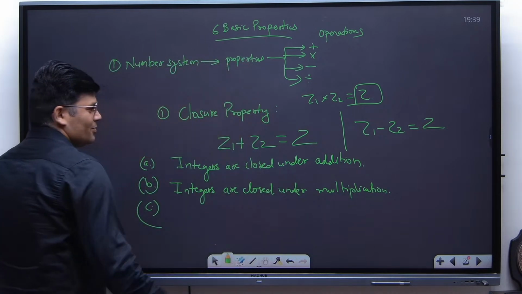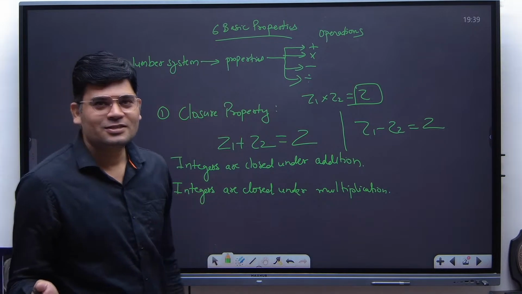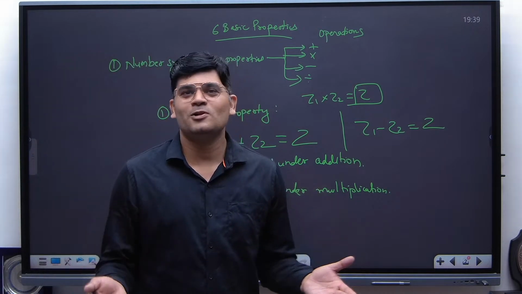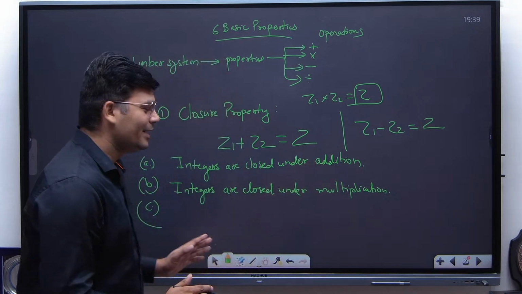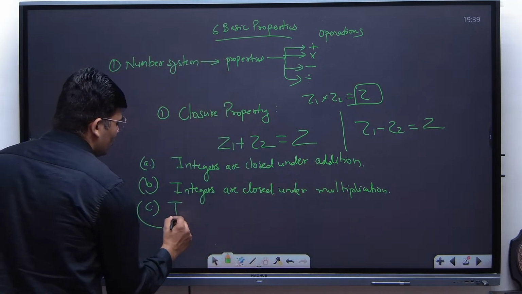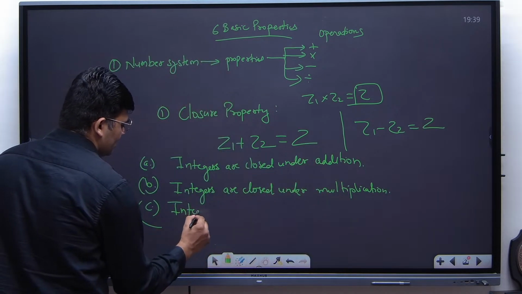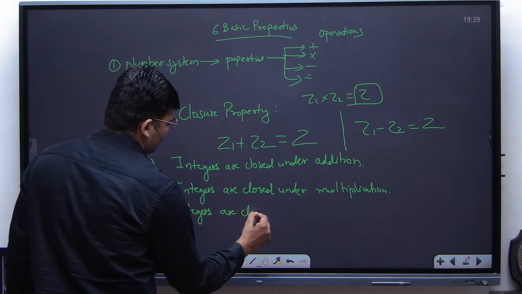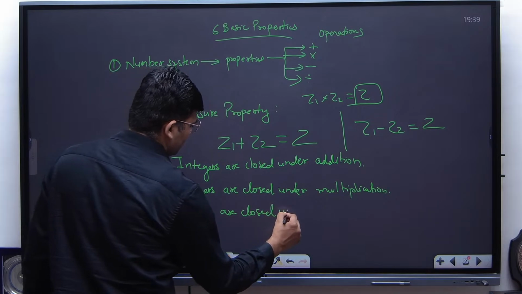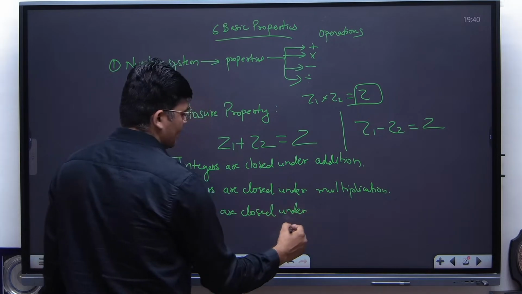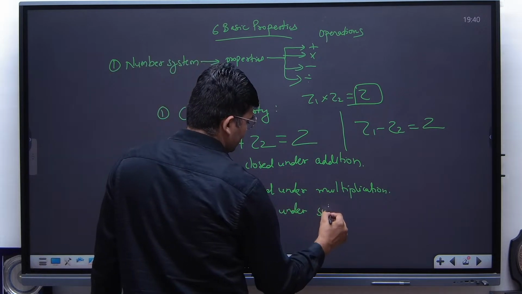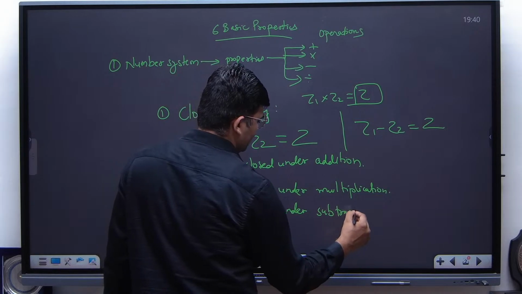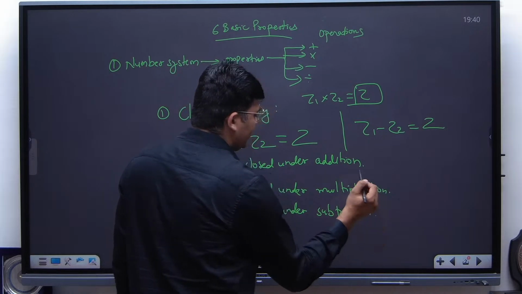Okay. So since you are agreeing to this, I am also in agreement with you. So I am writing: integers are closed under subtraction. Are you getting what a closure property is?